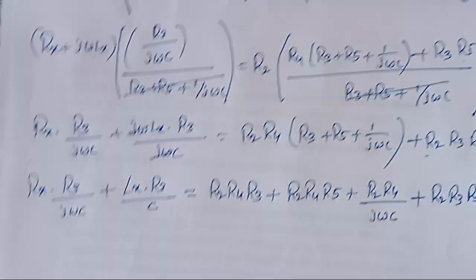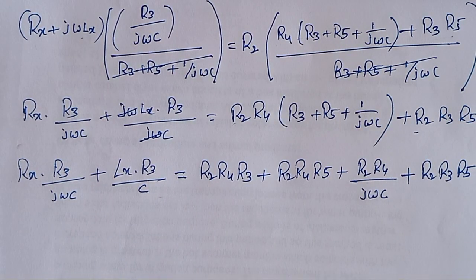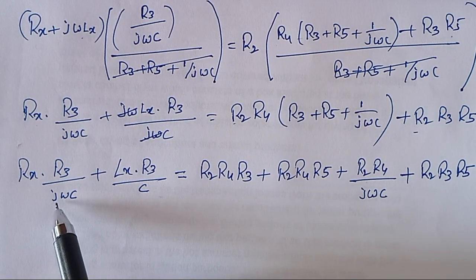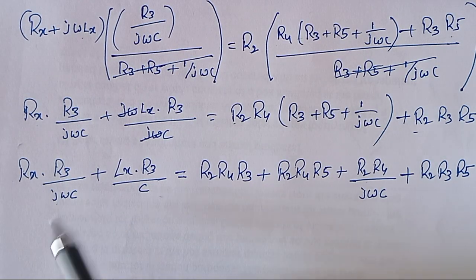Now I am taking this j from the denominator to the numerator, then it will become minus j.